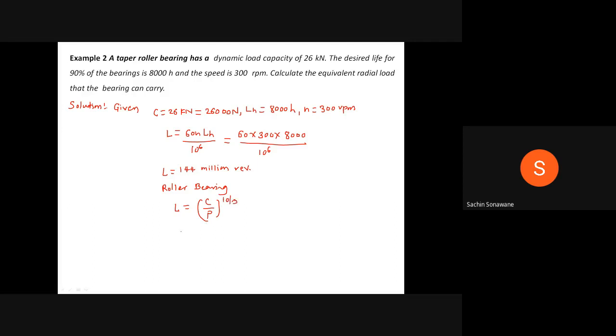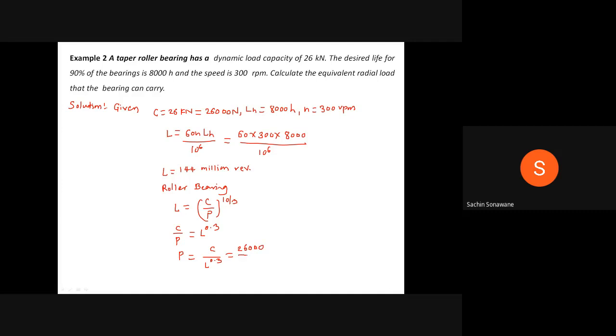Therefore, C upon P is equal to L raised to 0.3. Now we have to calculate P.